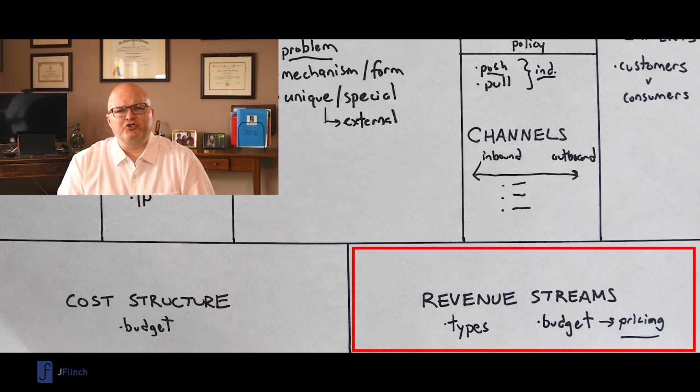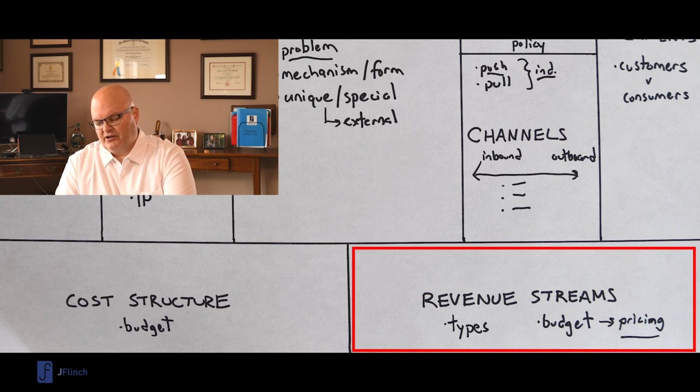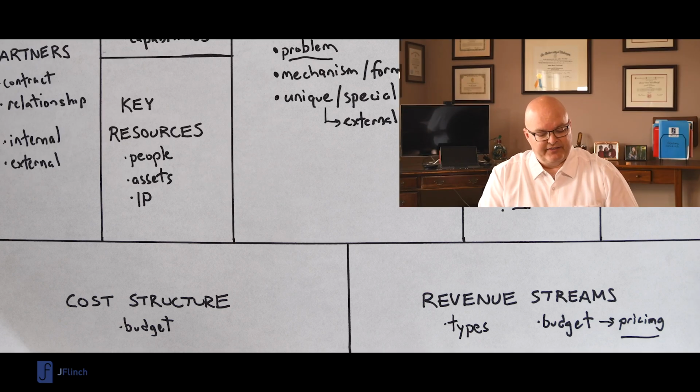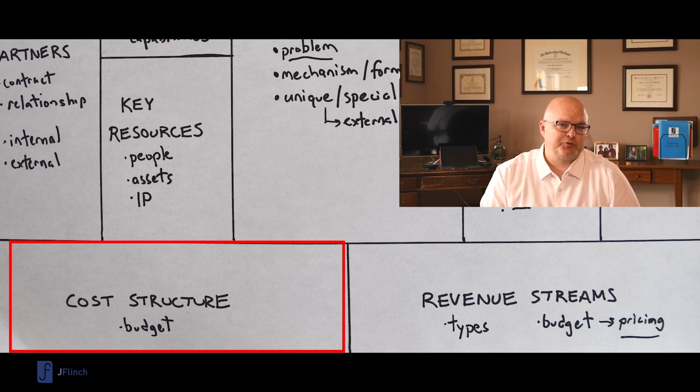Well, I'm not proposing you change your structure to operate that way, but fundamentally, it's a good test of the value proposition: would they actually pay for what you're doing? And then, of course, the cost goes into the budget, right? It's the same mechanism, but understanding it and the relationship between your budget and how much you partner to deliver that value is often a key leverage point for your equation.